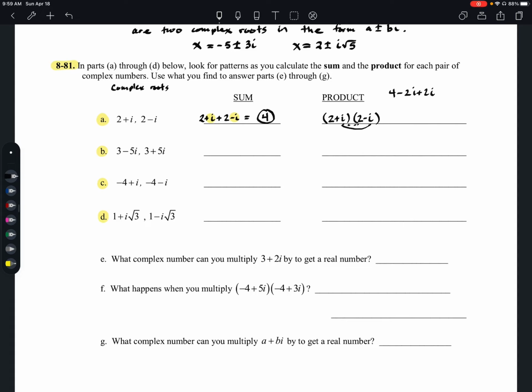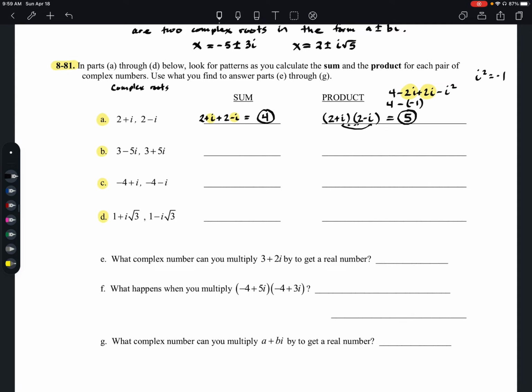And then i times negative i would give us a negative i squared. Again, negative 2i and positive 2i, we have those opposites, so they'll cancel out. And now we've got 4 minus, and remember, i squared is the same thing as negative 1. So we're going to say 4 minus a negative 1, which is going to end up giving us 5. So our sum was 4 and our product was 5.